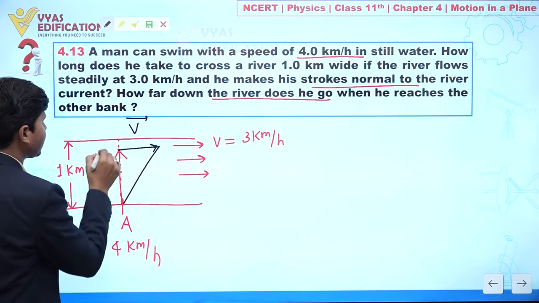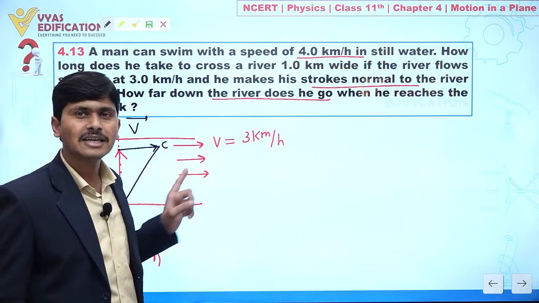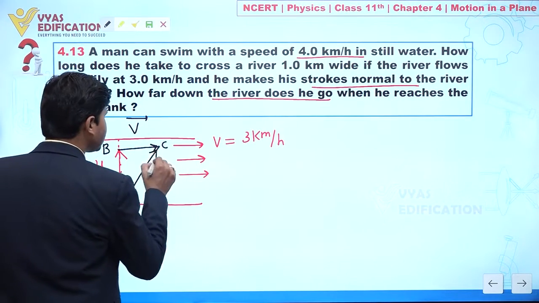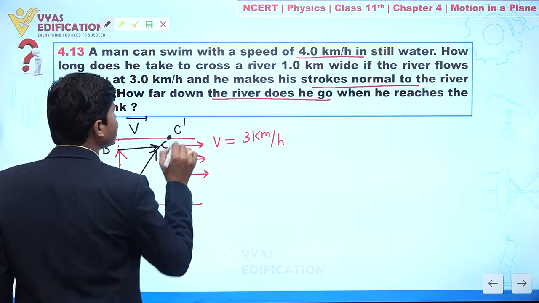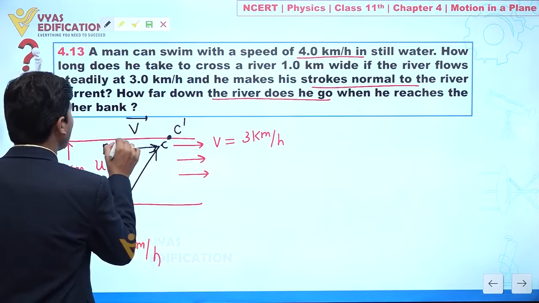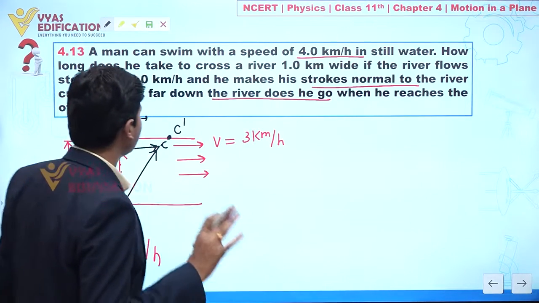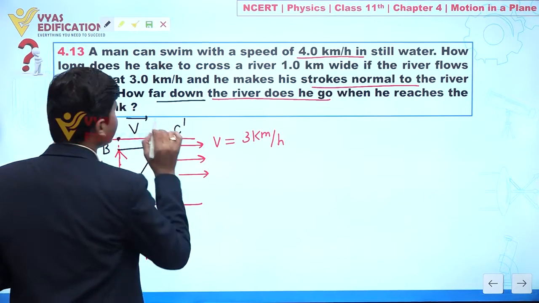So let's suppose I am taking A, B, C. The man is going in the direction of AC. Clear to you? So this is the resultant. Now if we extend this, let's suppose the person reaches point C dash instead of B dash. Clear? So now our objective in this situation is to calculate the total distance B dash C dash.